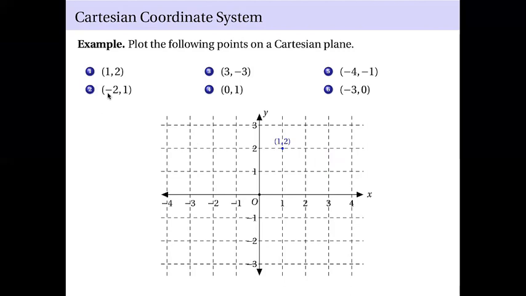Another one here, you have -2, comma 1. So we look at -2, comma 0. So this is that point here. Okay? And then, just like before, we draw a vertical line passing through that point, -2, comma 0.